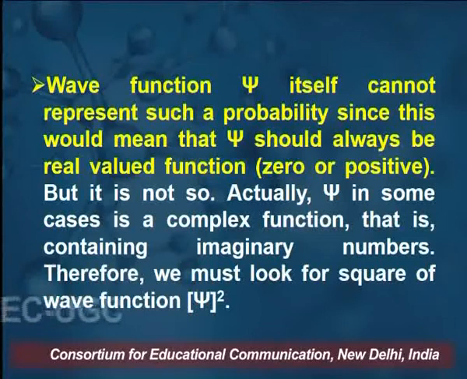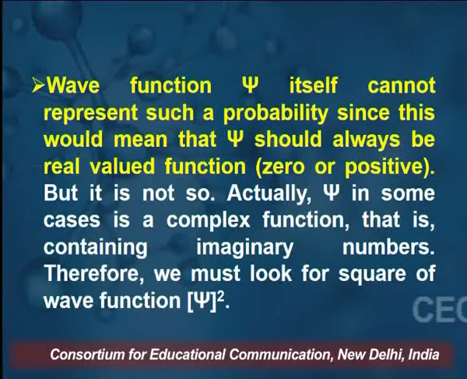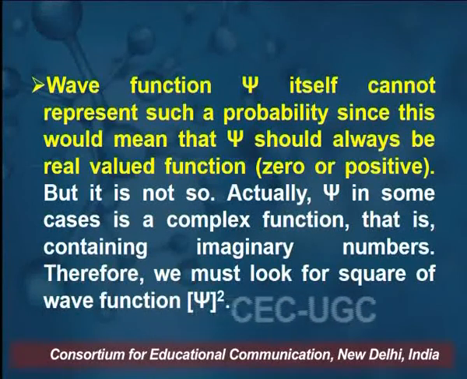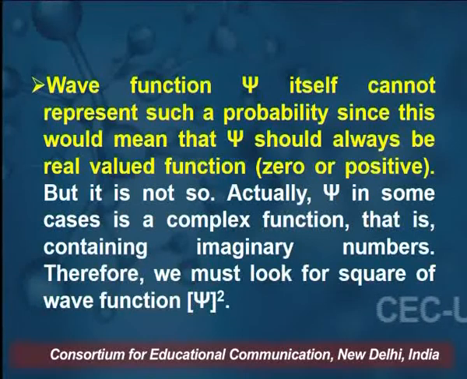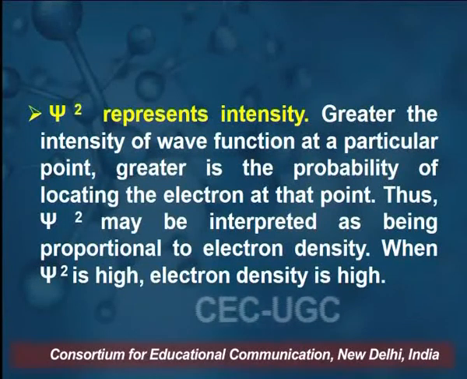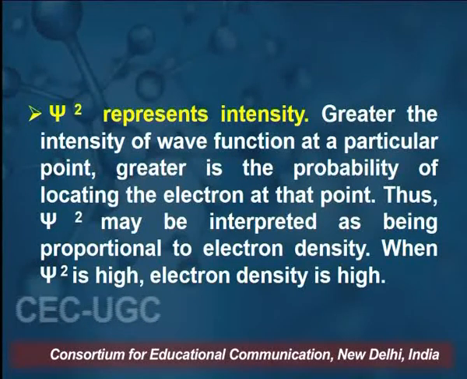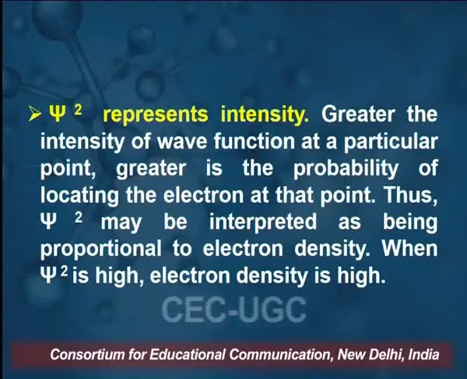That means psi should always be 0 or positive, but it is not so. Actually, psi in some cases is a complex function, that is, it contains imaginary numbers. Therefore, we must look for the square of the wave function, psi square. Psi square represents intensity. Greater the intensity of the wave function at a particular point, greater is the probability of locating the electron at that point.